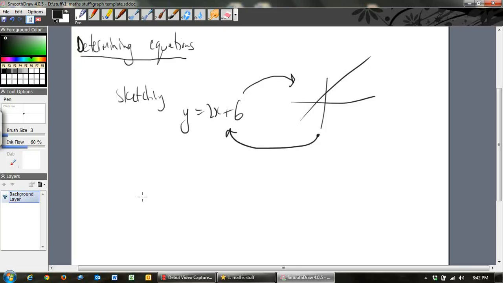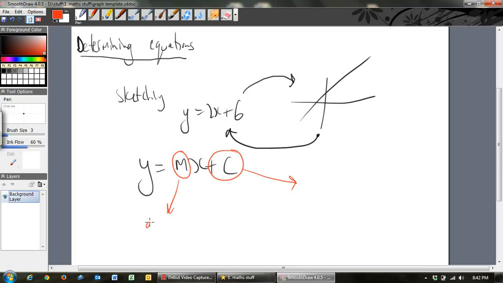Okay, so good. I'm going to start by reminding you what this equation means: y equals mx plus c. Firstly, what does m mean, and what does c mean?